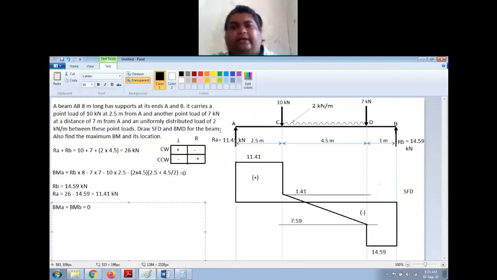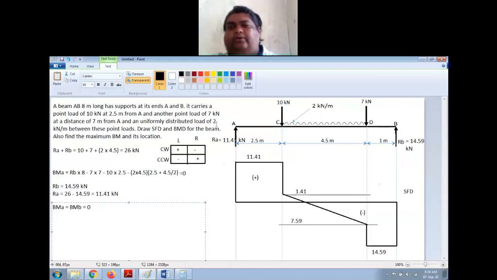On the left side, I have only one reaction, which is RA. And on the right side, I have a UDL, a point force, and a reaction. There are three forces. So which is lesser? Left side is having less force. So for taking moment about C, you have to consider left side.